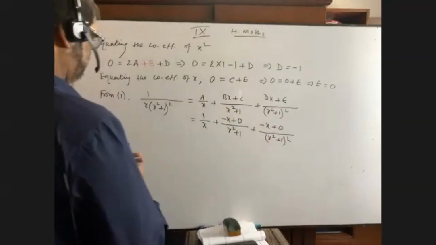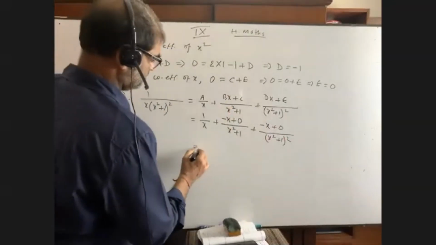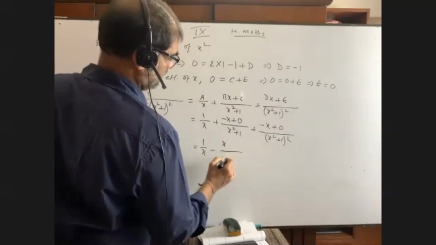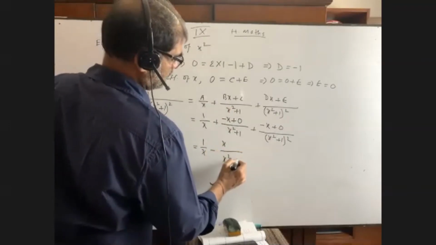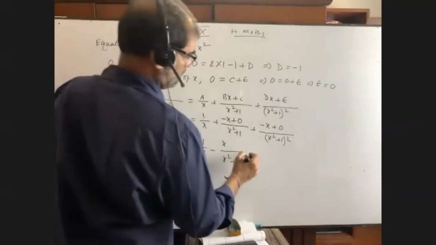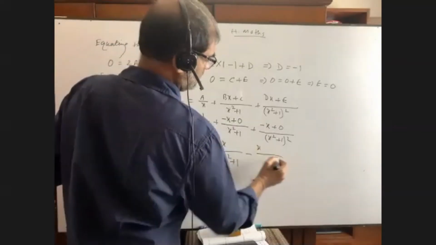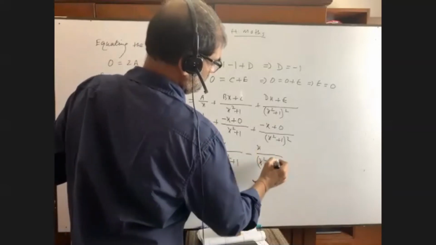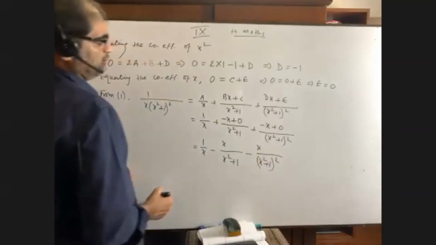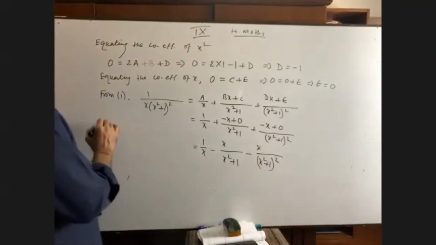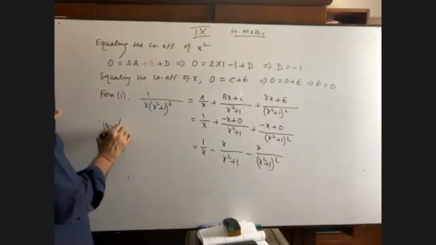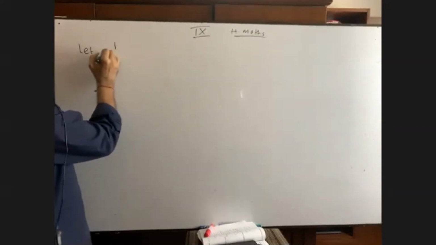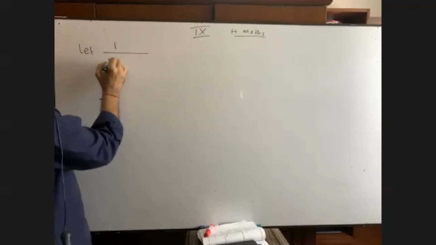Now it can be written as 1 by x minus x by x square plus 1 minus x by x square plus 1 whole square. Now please verify whether you are right or wrong.